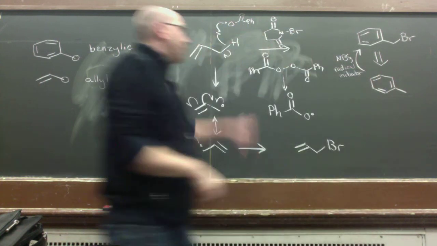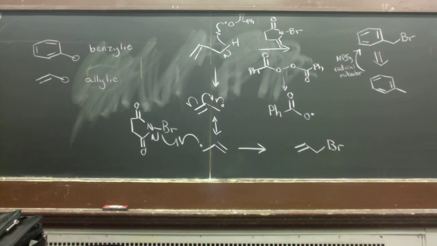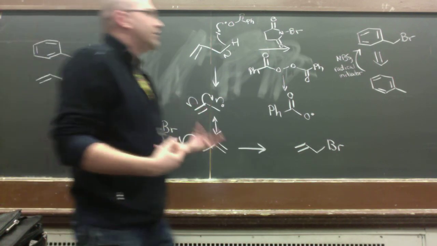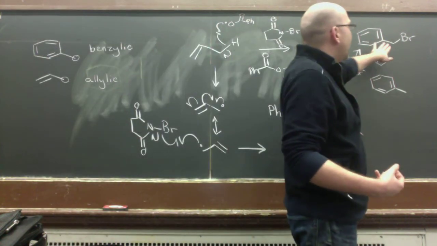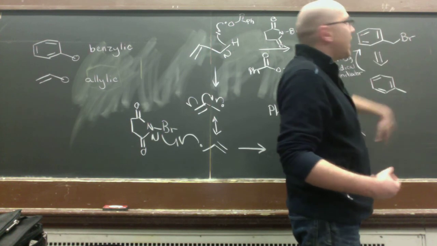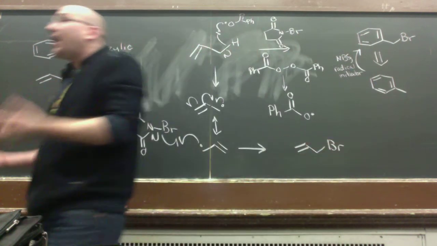It could be this, the ROOR is fine. So some type of radical initiating process, light, whatever, will get you to that compound. So again, this could be useful. It would be selective for that bond.